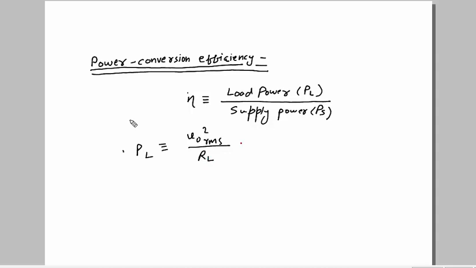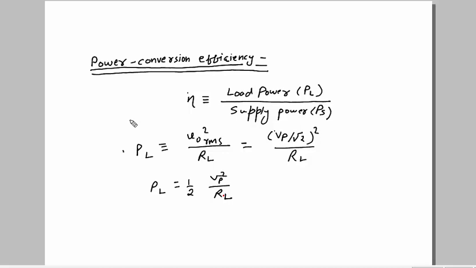Now here we know that Vrms equals Vp by root 2, where Vp is the peak value. So it will be Vp by root 2 squared divided by RL, or we can write PL equals half Vp squared by RL. Okay, this is the load power. Now the supply power. We have two kinds of supply here: positive power supply plus VCC and negative power supply minus VCC.